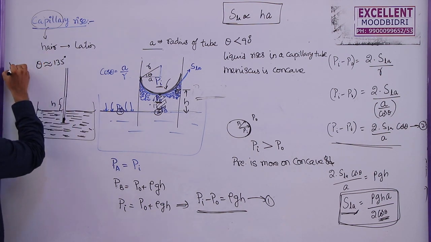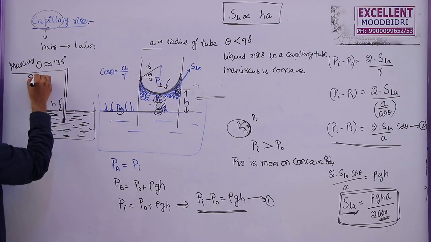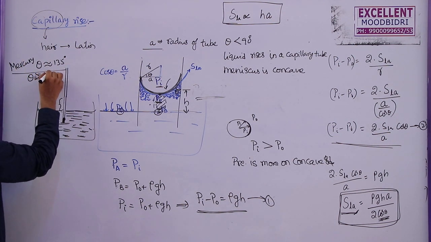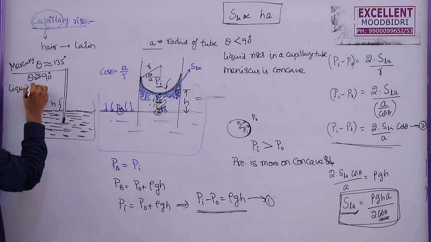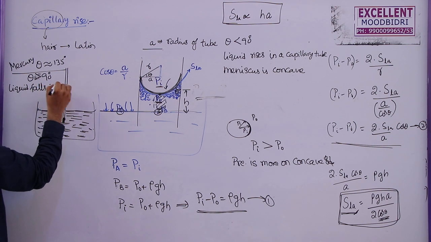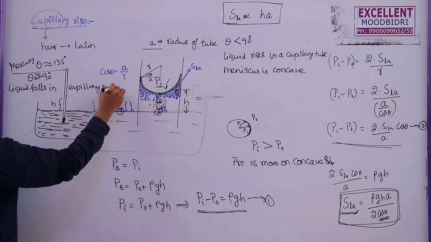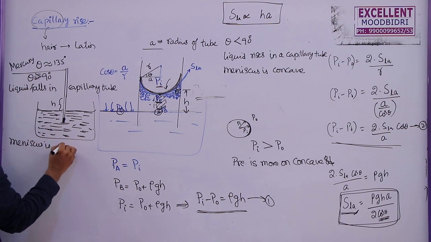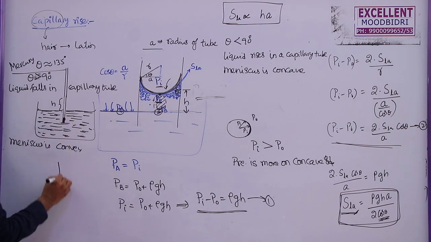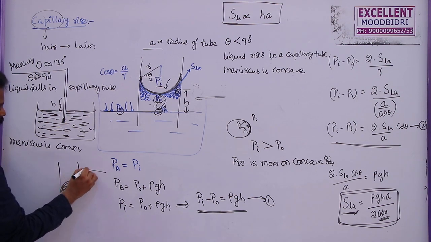So in case of mercury, where theta is obtuse, that is greater than 90 degrees, the liquid falls in the capillary tube, and the meniscus is convex. So here if you draw the diagram, this will be the convex shape and this is the level of the mercury.